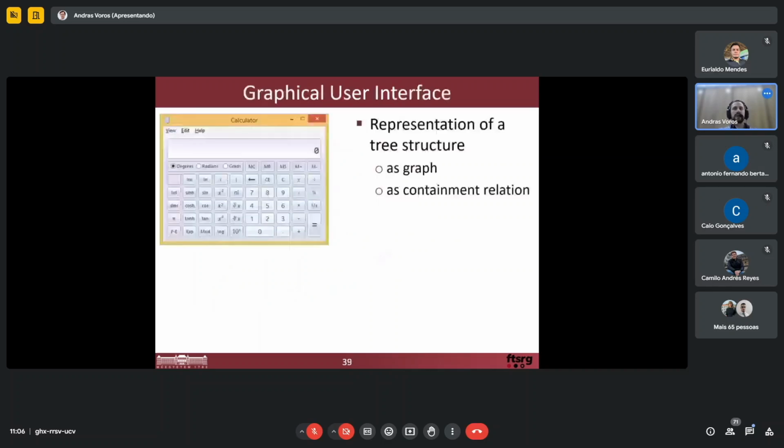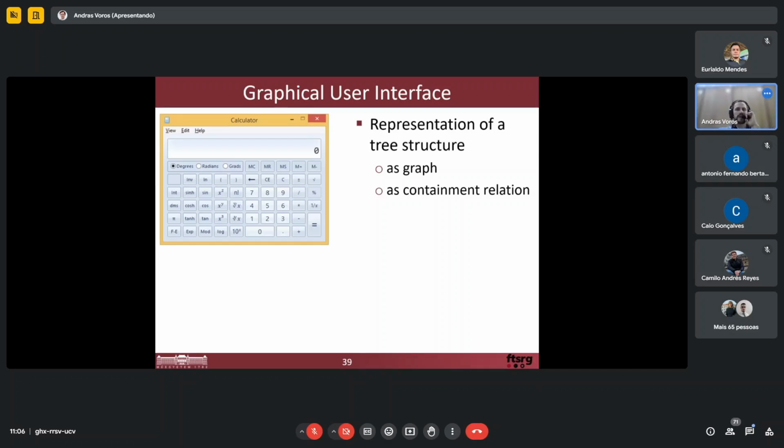And let's take a look at a software engineering example. So we have this calculator, and this is on all Windows machines. I'm sure that you are all familiar with it. And what is important is that I can also represent it in a tree structure, so as a graph with all the containment relations.